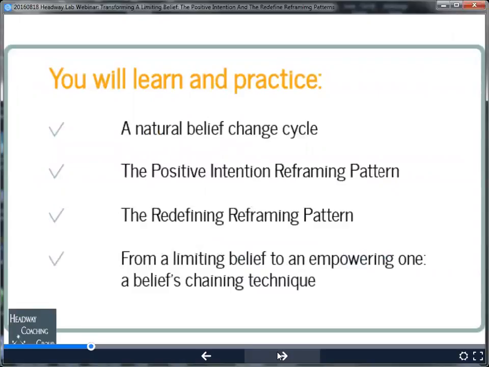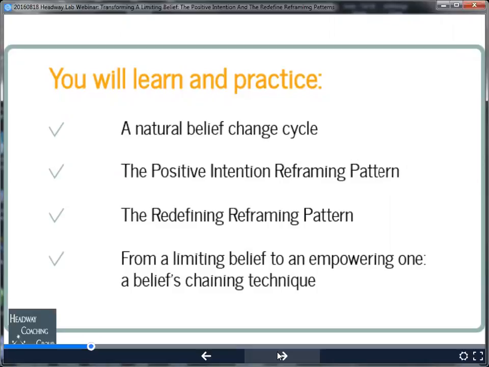We will be talking about, well, I planned to talk about the belief change cycle, but I think maybe I will skip that chunk. We will jump straight to the positive intention and redefining reframing pattern, as a part of the process which we started last Thursday.